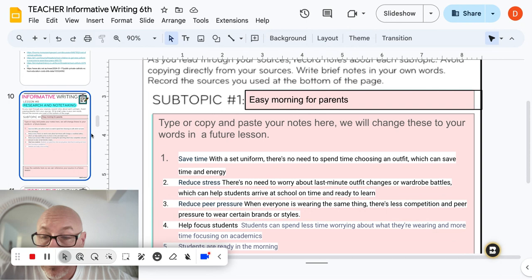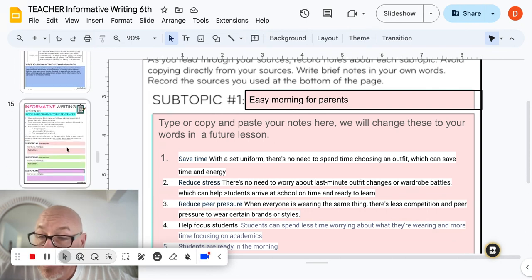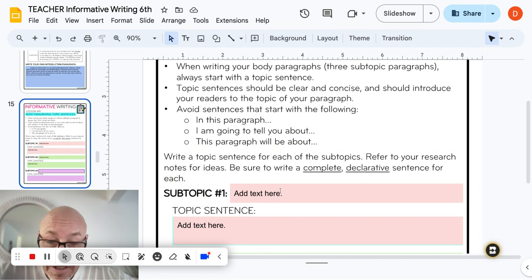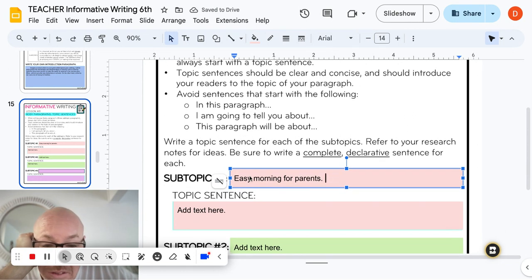Easy morning for parents. I am going to just imagine, I'm going to do this as a lead. A subtopic is easy morning for parents. Same thing. And it says here, write a topic sentence for each subtopic.